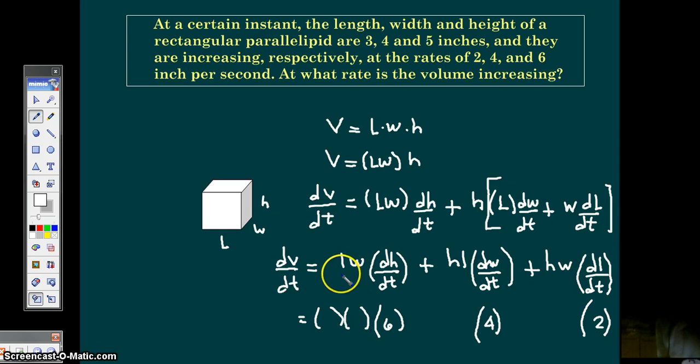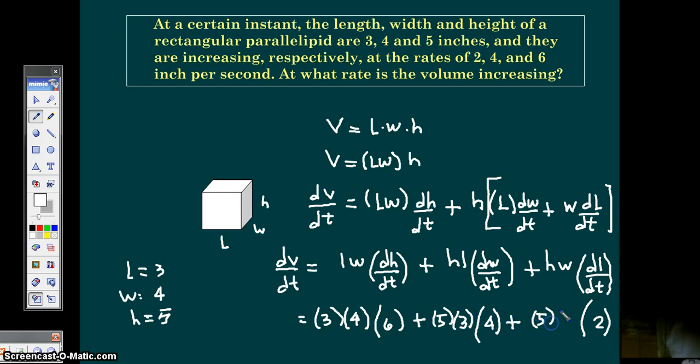Length, width, and height are 3, 4, and 5 inches. So L is 3, W is 4, H is 5. Plug it in: LW is 3 times 4, plus H is 5 times L is 3, plus H is 5 times W is 4.